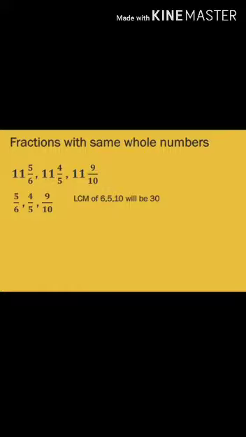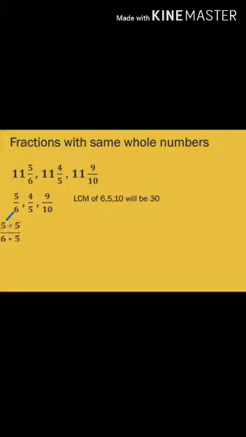We can simply multiply the numerator and the denominator by the same number, so that the denominator of each fraction becomes 30. Taking the first fraction, 5 out of 6, to make the denominator 30 we have to multiply by 5, so we multiply numerator as well as denominator by 5.